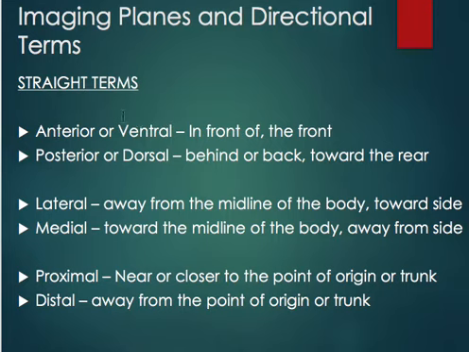Anterior means in front of or the front of the body. And then posterior or dorsal, again, dorsal is used more in veterinary or animals, and posterior is what we use on a more common basis. Posterior means behind or back towards the rear.